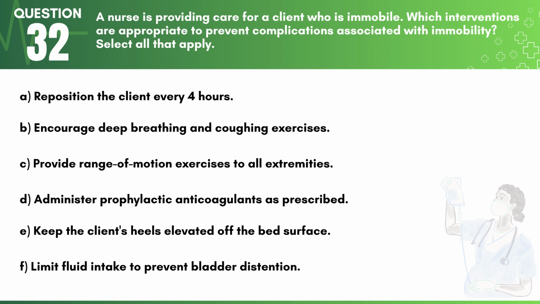B. Encourage deep breathing and coughing exercises. C. Provide range of motion exercises to all extremities. D. Administer prophylactic anticoagulants as prescribed. E. Keep the client's heels elevated off the bed surface. F. Limit fluid intake to prevent bladder distension.